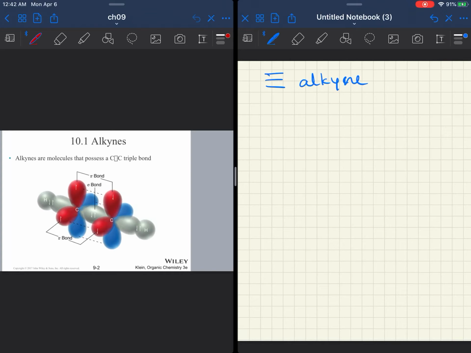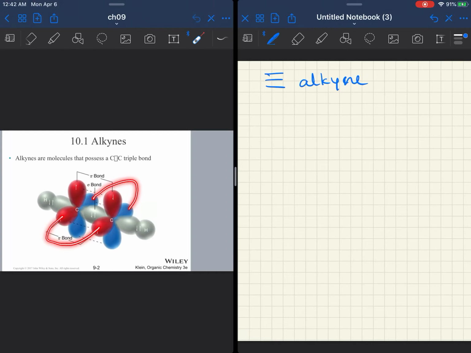So let's jump into a little bit of discussion on what is an alkyne, right? What is special about this functional group? So you know that a triple bond has a sigma bond. That's that bond that you see there in the middle, right? That head-to-head overlap. You have two pi bonds.